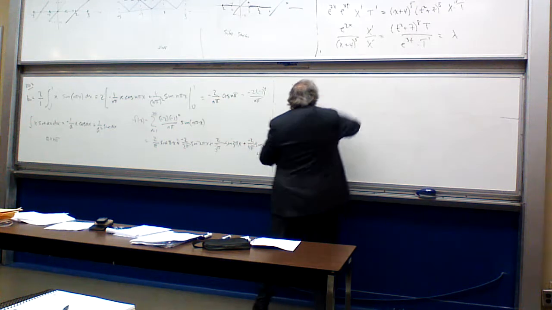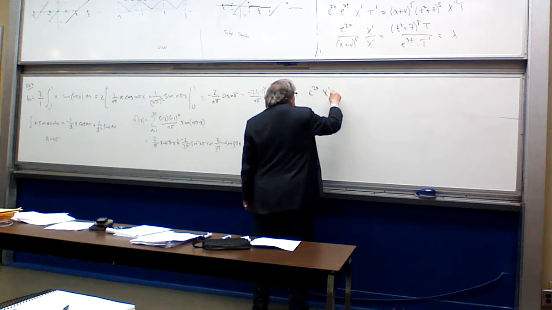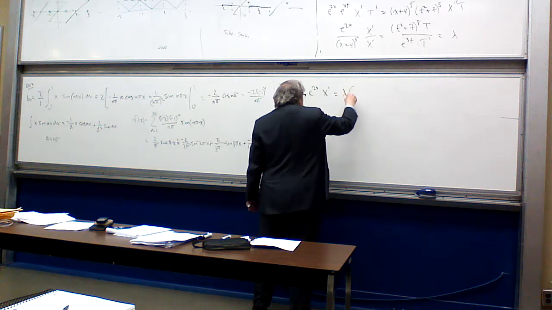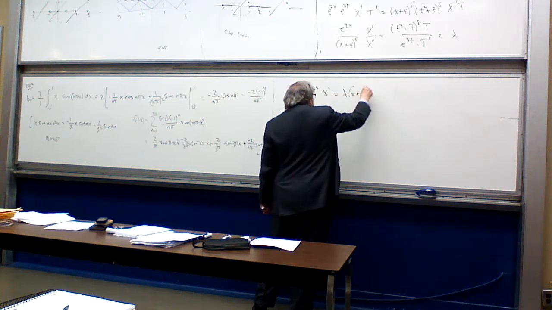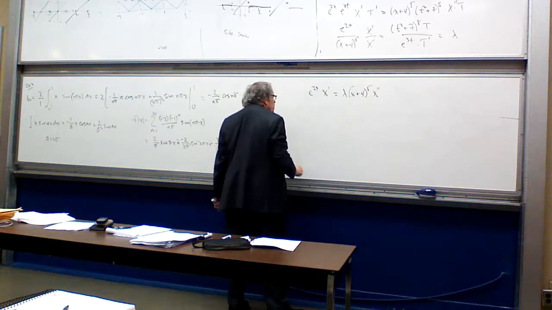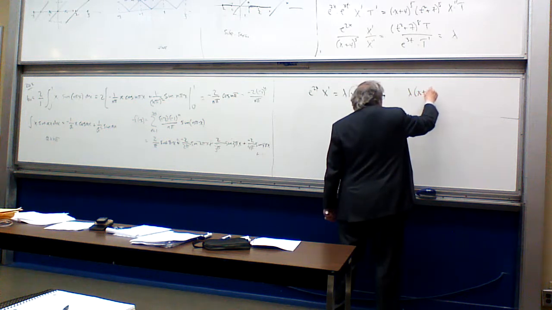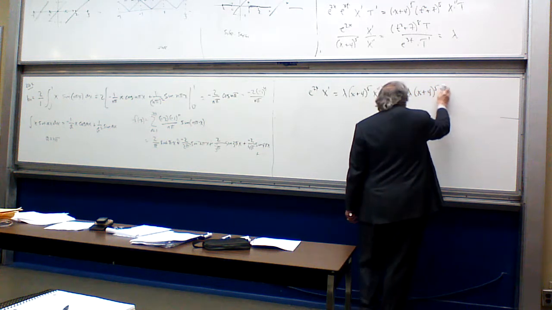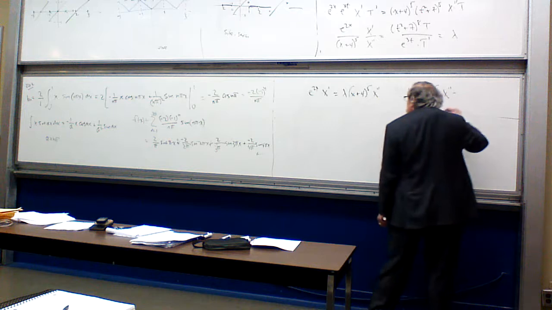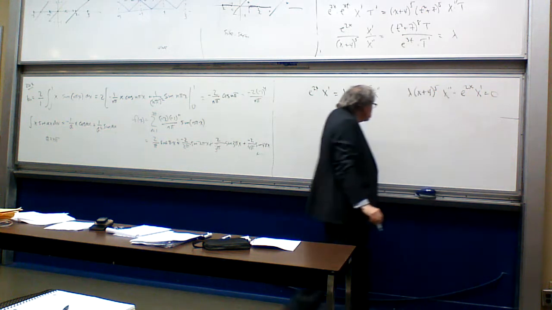And so the first equation says e to the 2x x prime is lambda x plus 4 to the 5th x double prime, or lambda x plus 4 5th x double prime minus e to the 2x x prime is 0.